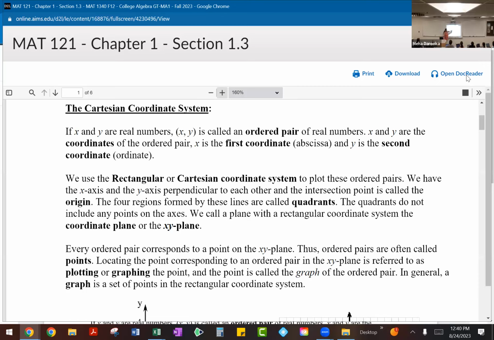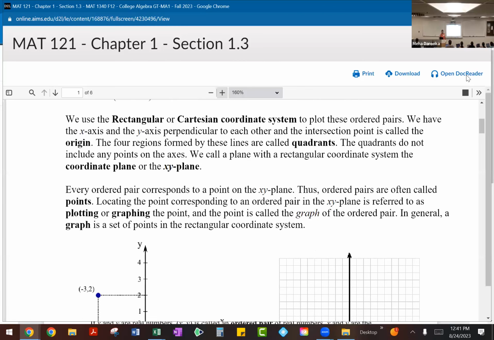When we write a solution to an equation in two variables, we write it as an ordered pair, but that ordered pair also represents a point on the graph, right? The x corresponds to the horizontal axis, the x-axis, and the y corresponds to the vertical axis, the y-axis. X is called the first coordinate or the independent variable, y is called the second coordinate or the dependent variable.